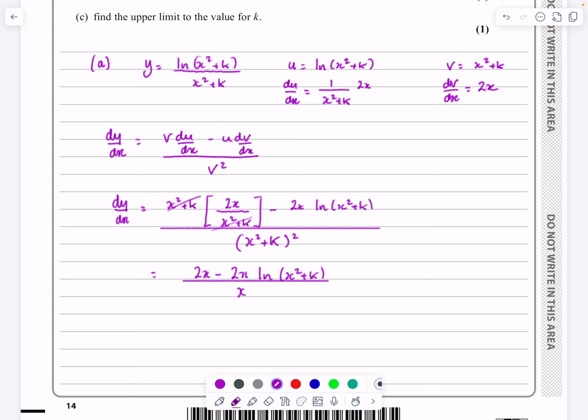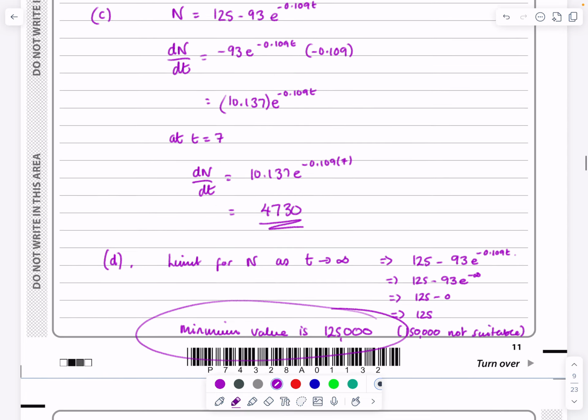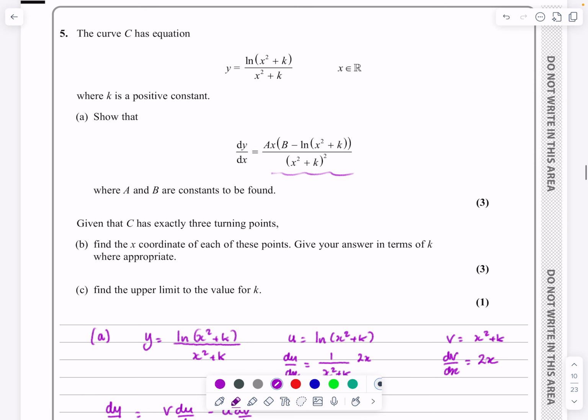And again, even before I look at the answer, I would take 2x out as a factor, I think, there, which gives me that. And now if we compare that to what we were trying to get it to be, we've got it in the right format already there, in terms of working out what A and B are.